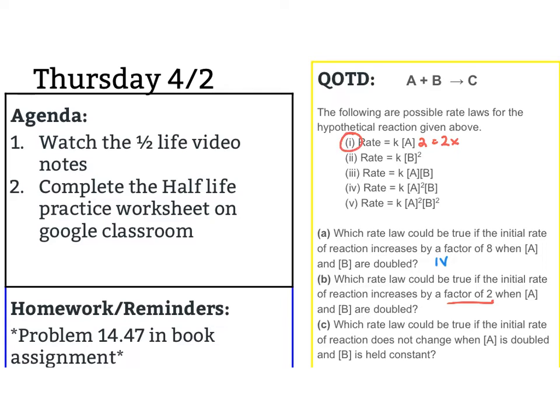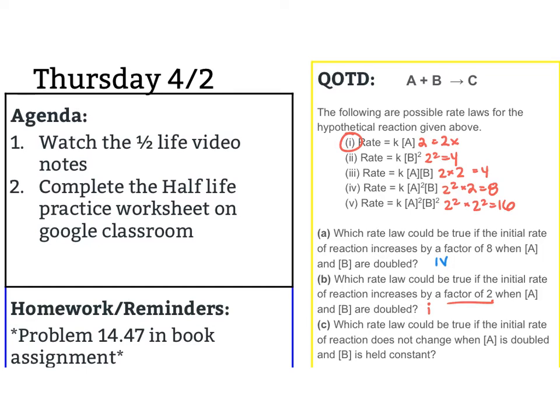Let's just double check the next ones. If it's just B, 2 squared is 4. A times B, 2 times 2 is 4. 2 squared times 2 is 8, and 2 squared times 2 squared is 16. Okay, so for sure our answer is just the first one there.